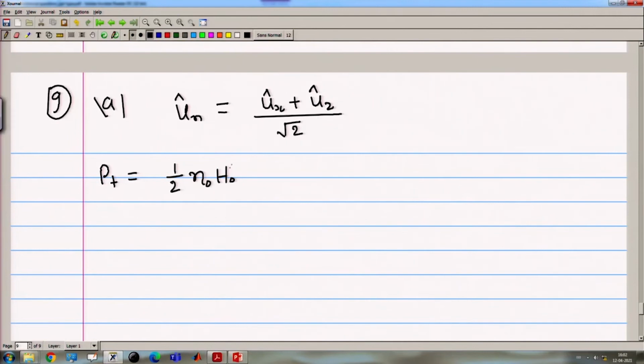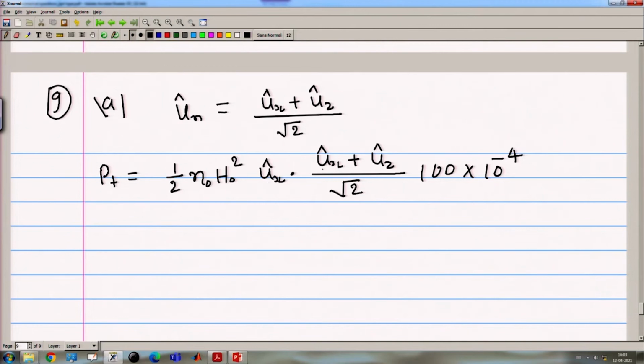So, eta naught H naught whole square into ux, since it is propagating in the ux direction, into (ux plus uz) divided by root 2, into the area of the square plate. So, that is 100 centimeter square, so 100 into 10 to the power minus 4 in meter square.